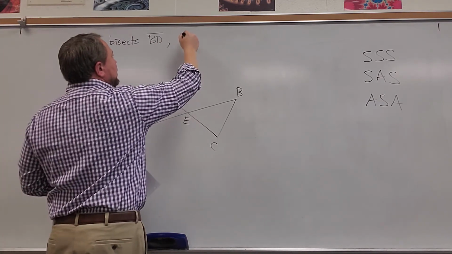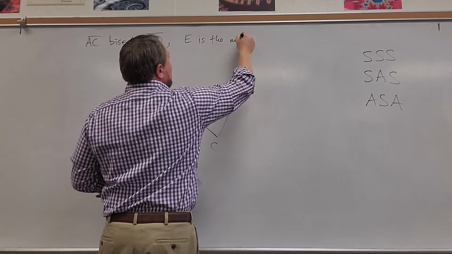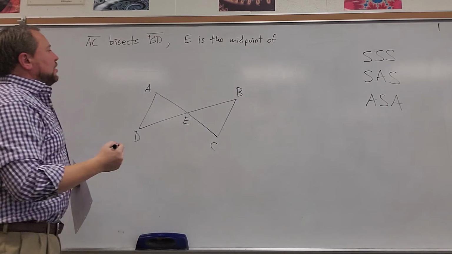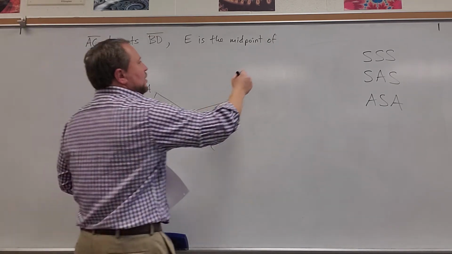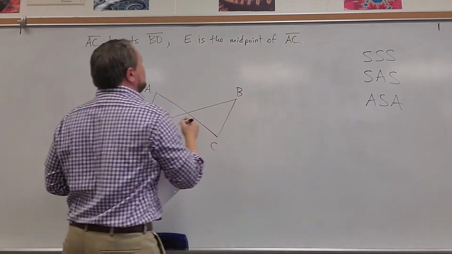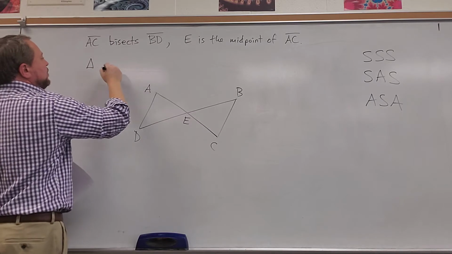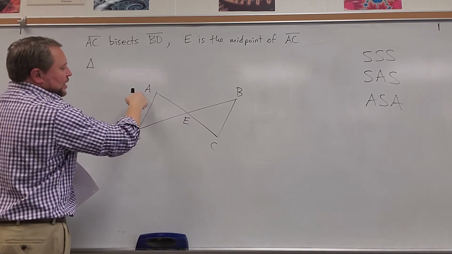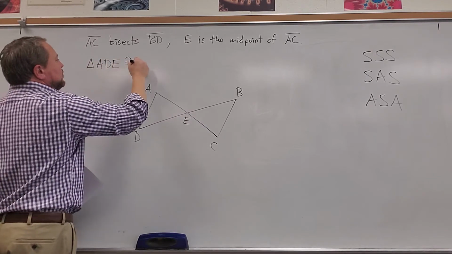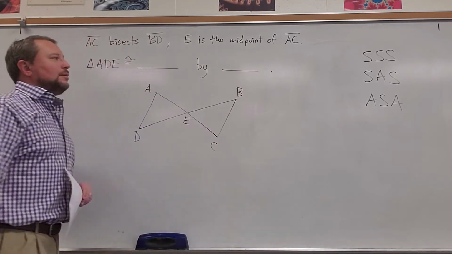And suppose we know that E is the midpoint of AC. We should be able to prove that triangle ADE is congruent to another triangle here and by a certain method.